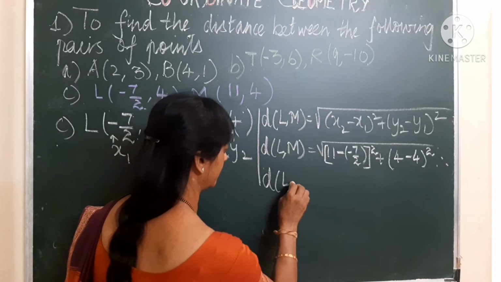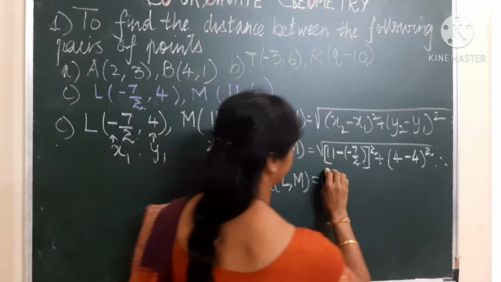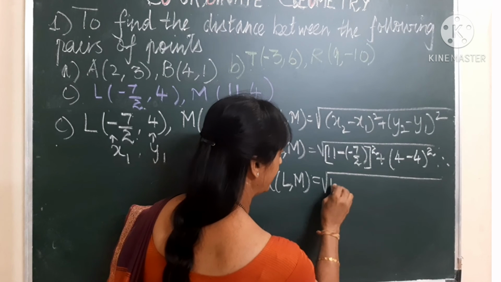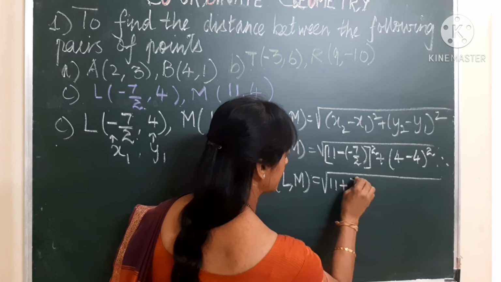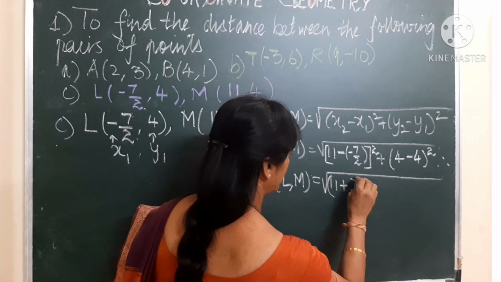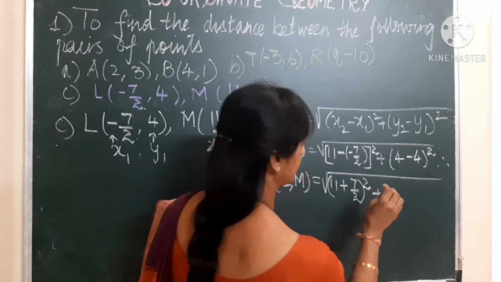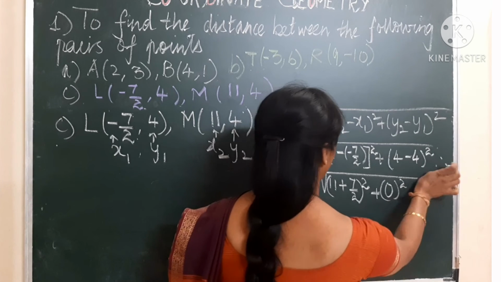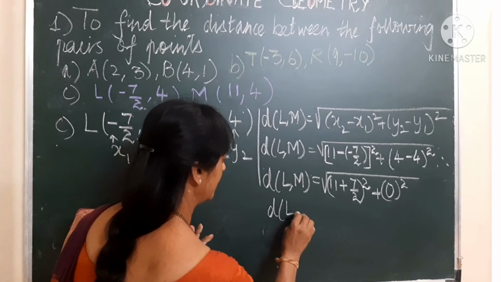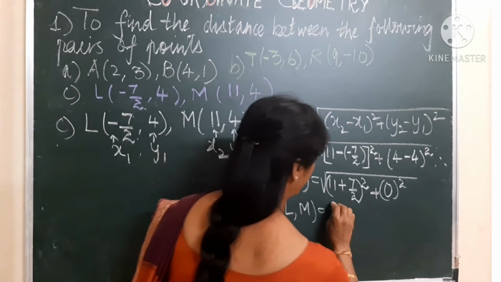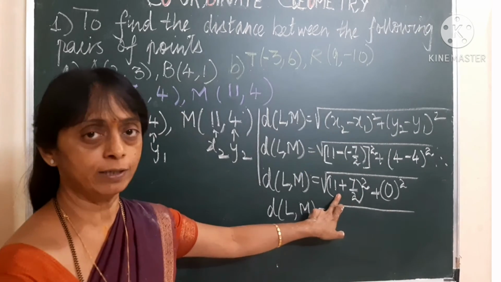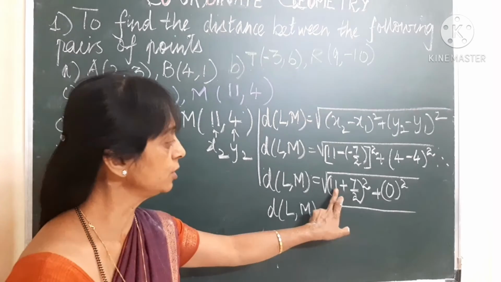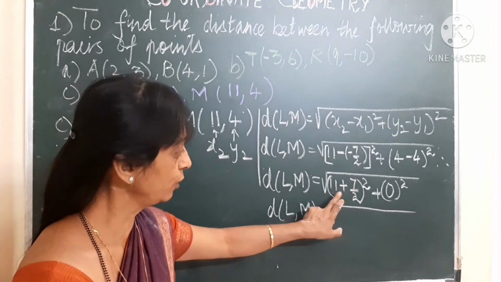To continue, here let's begin to solve the first bracket. 11 minus into minus is plus 7 upon 2 the whole square plus 4 minus 4 is 0, 0 square. So distance LM will be equal to... Children, you have to use the LCM method to calculate the answer. So what do we have here, children?